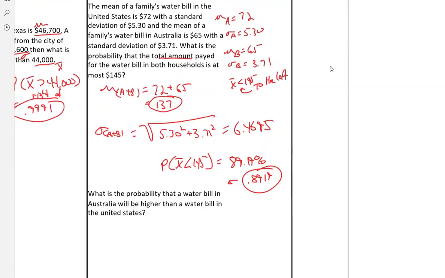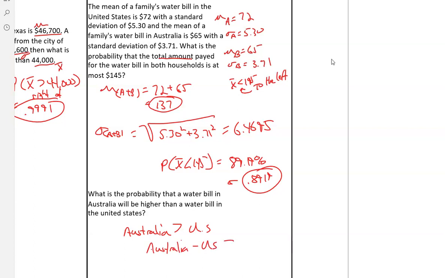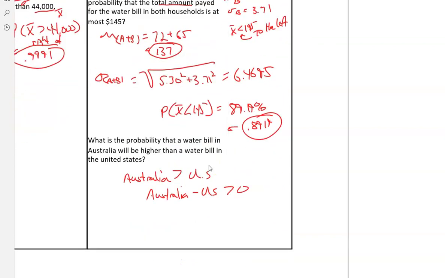So Australia needs to be greater than US, which means Australia minus US would need to be greater than 0, because if Australia is bigger, you take a bigger number, subtract it from a smaller number, you should get bigger than 0.